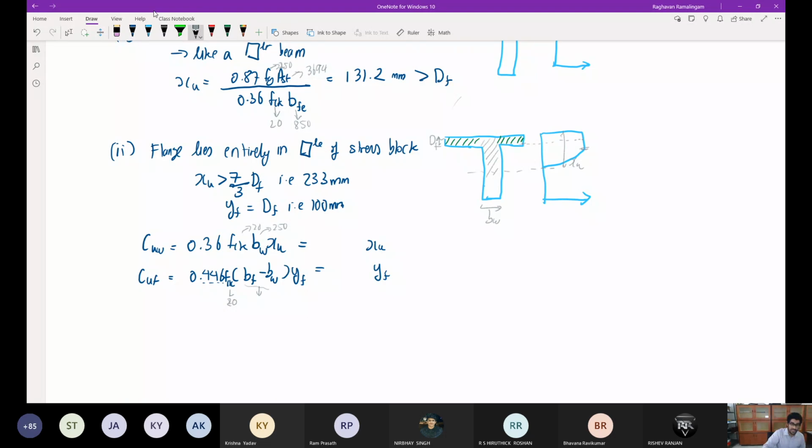BF minus BW will be 850 minus 600, and still retain it as YF. So how much is CUW in terms of XU? How much is CUF in terms of YF?